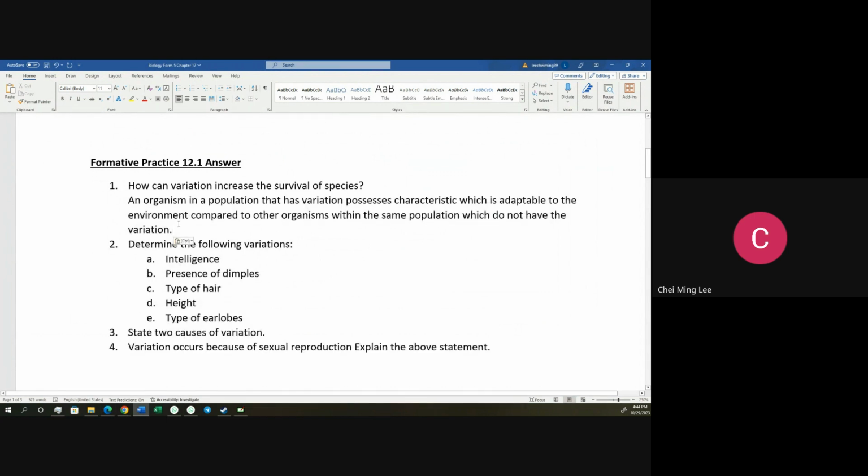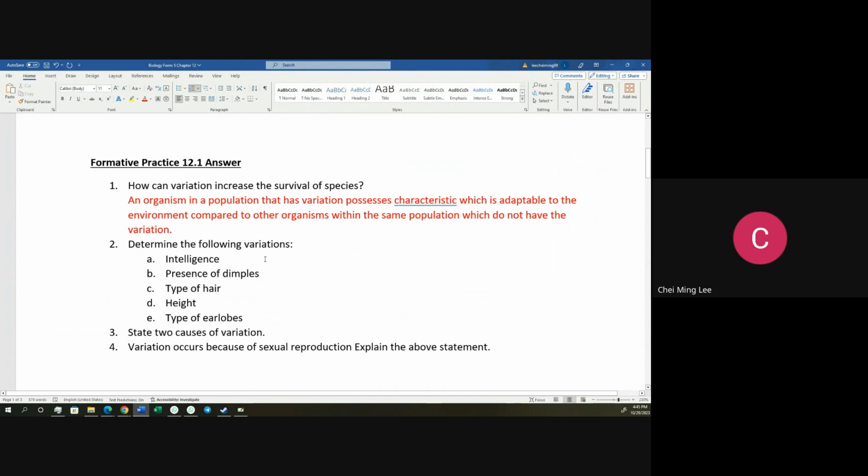An organism in a population that has a variation possesses a characteristic which is adaptable to the environment compared to other organisms within the same population which do not have the variation. Okay, so this is the answer.